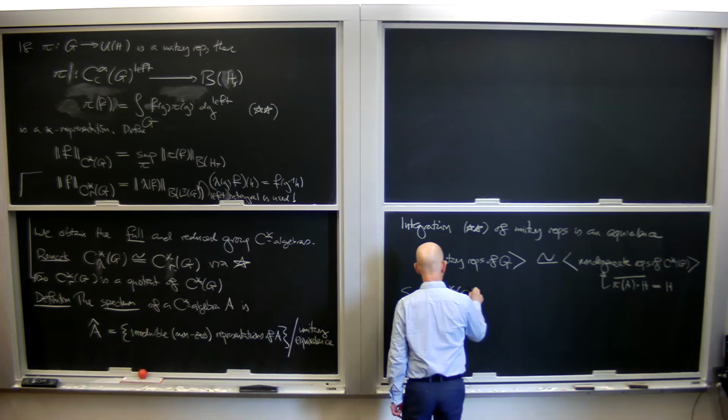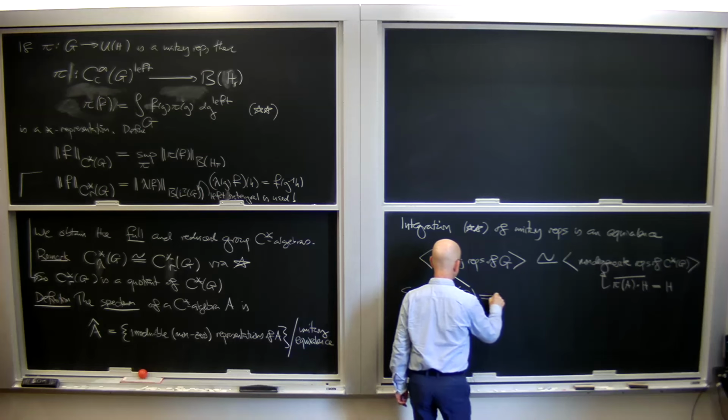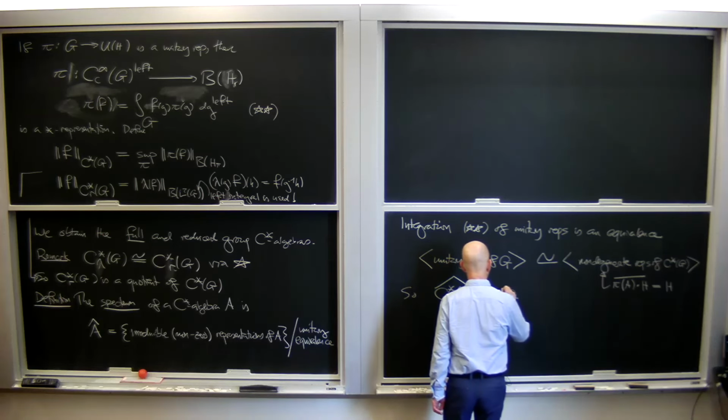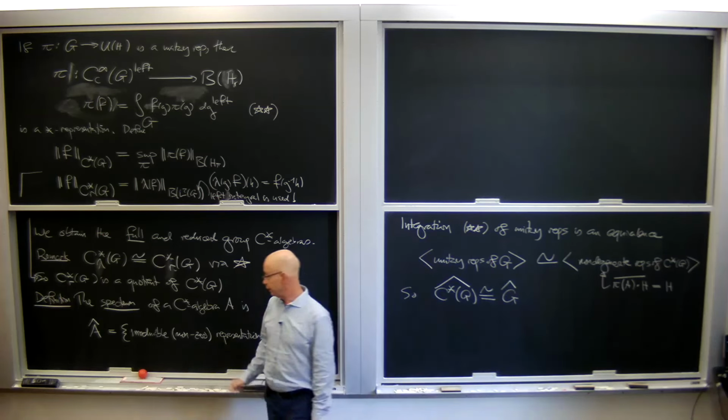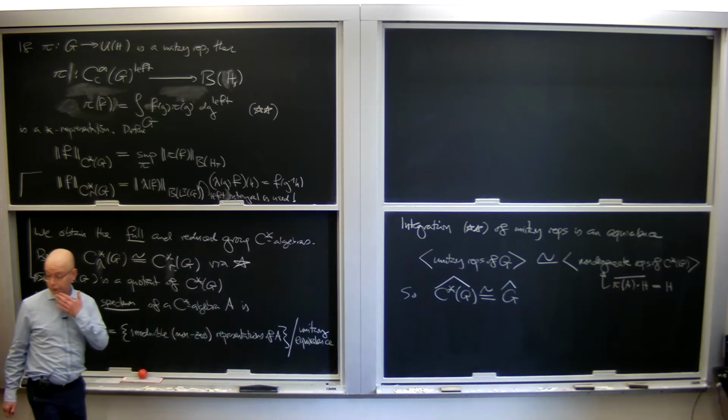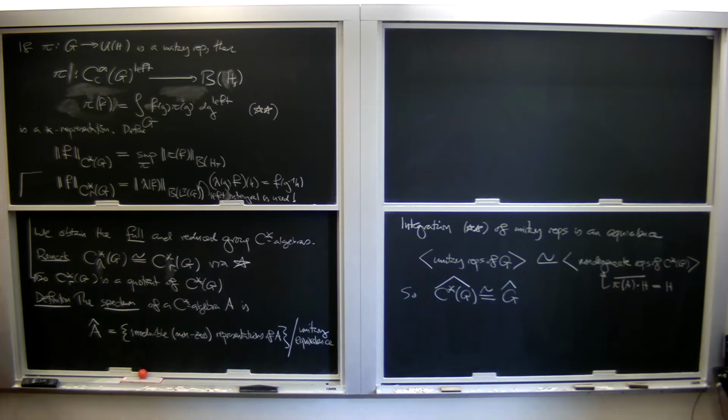So the spectrum of C star of G is the same as the unitary dual of G, the set of irreducible unitary representations of G up to unitary equivalence, which is something that people want to know about.